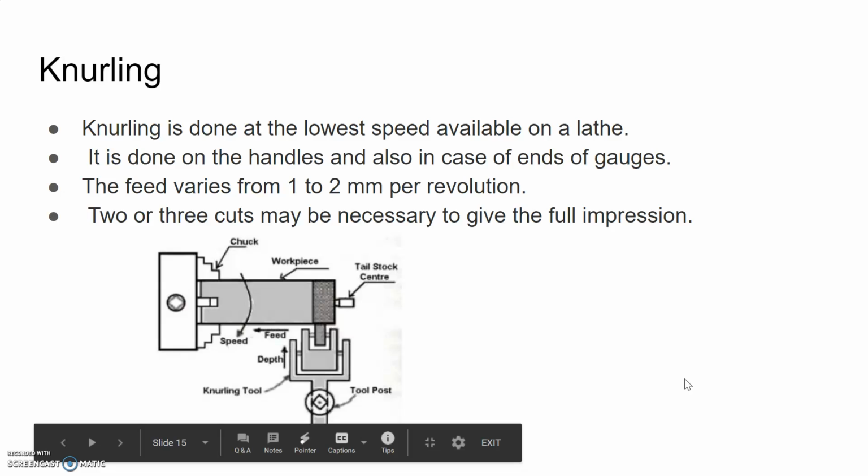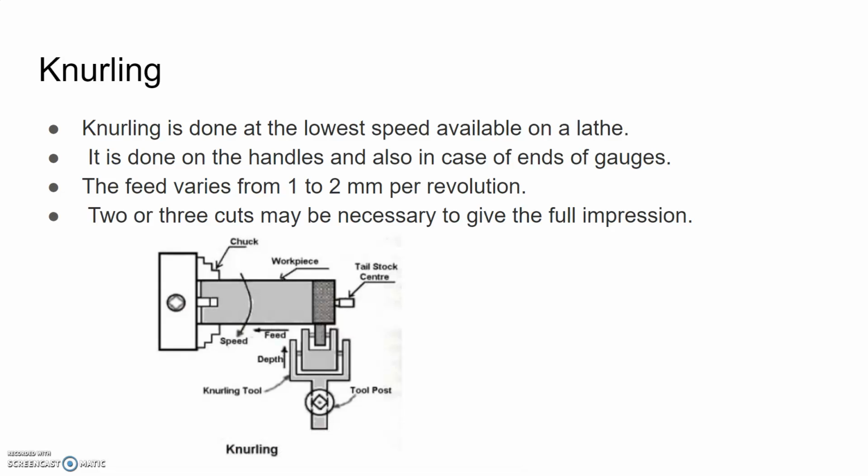So knurling. Knurling we talked about briefly in class, before we got dismissed into this remote system. It basically gives you a nice diamond pattern for improved grip on a workpiece.